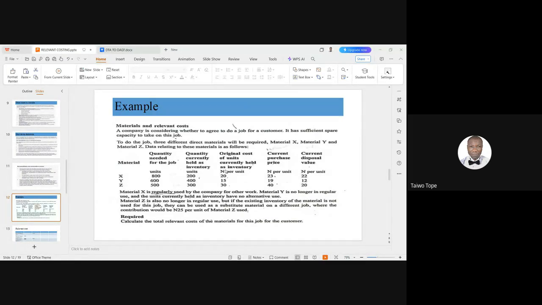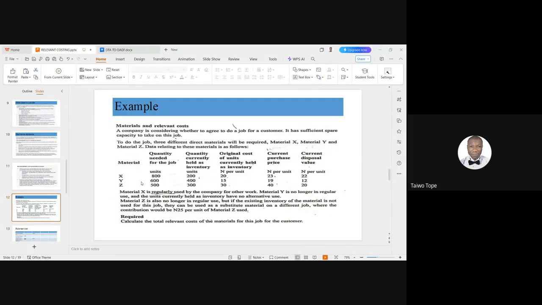So once you have a material that is no longer in regular use, what is the opportunity cost? If we decide to use 400 units internally to meet our production, we need 600 and we have 400 in stock. Since we are given the scrap value, the current disposal value, if we use this 400 in our production, what is the opportunity cost?